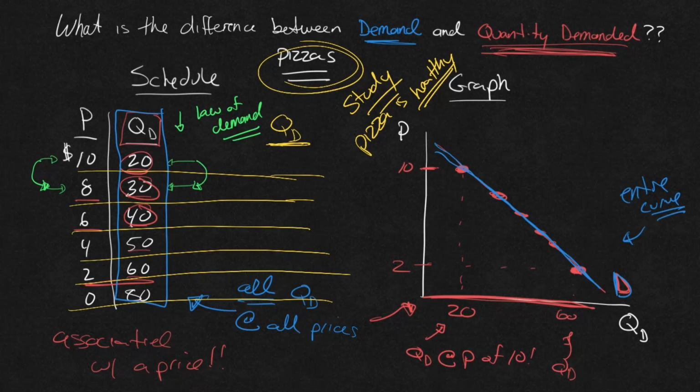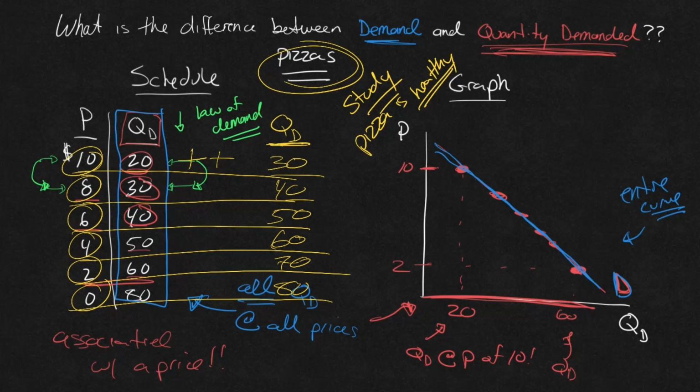What that's going to mean is that at every single price over here, we will see an increase, right? We'll see more quantity demanded. Let's just make it easy. Let's say this goes from 20 to 30, 30 to 40, 50, 60, 70, 80.